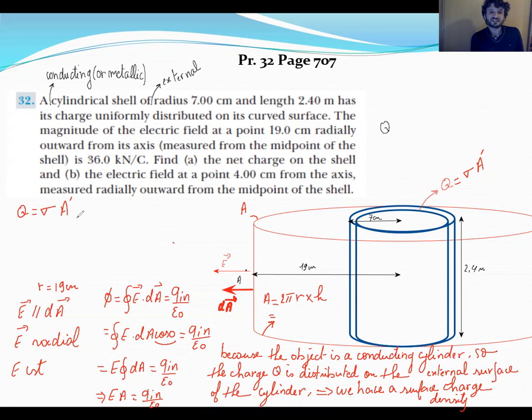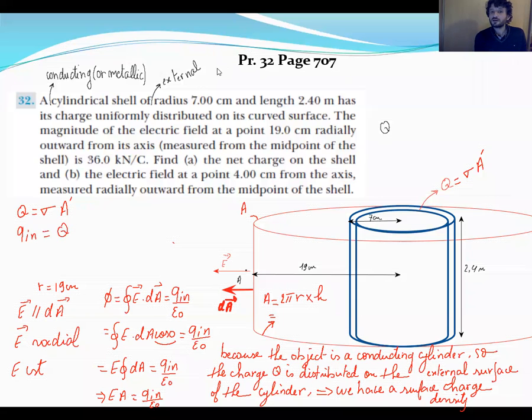We have to say sigma A prime equals Q. Anyway, I want to calculate Q. We can put Q equal sigma A prime, or we can keep its value Q. Here, Q in equals Q.